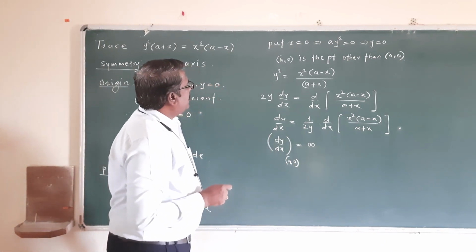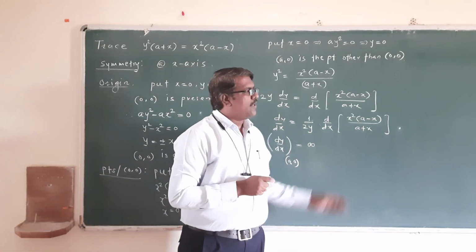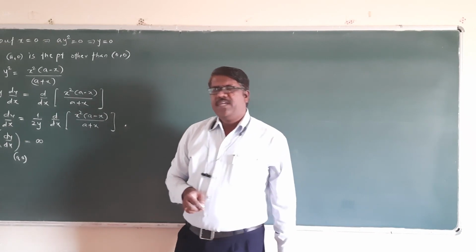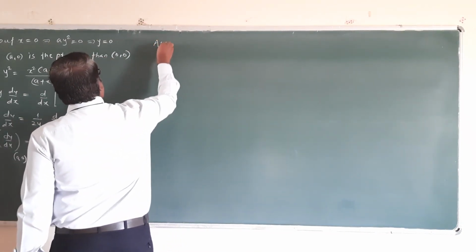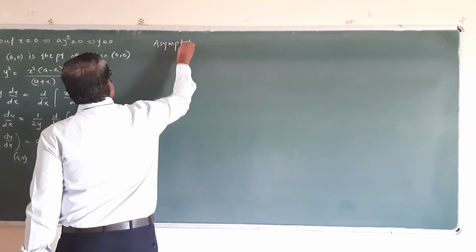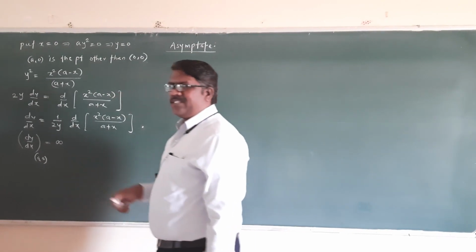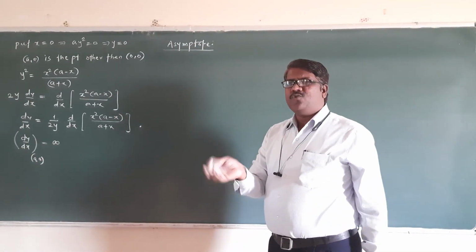Now the next point is to get asymptotes. So now we will move further. To get asymptotes, what we do? So the next point is asymptote. To get asymptote parallel to x-axis, equate coefficient of highest power of x to 0.